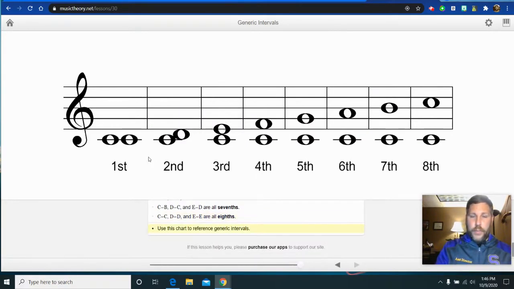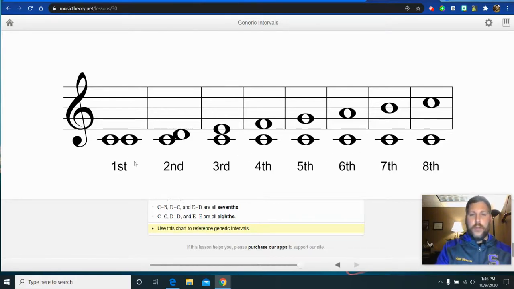Okay, here's a little chart. I would snap a picture of this or write it out on a piece of paper because it's going to come in real handy. So this is just your generic chart for intervals going anywhere from first, or remember we called it a prime, all the way up to an eighth, or sometimes we'll refer to it as an octave. Okay, so you got your first, second, third, fourth, fifth, sixth, seventh, and eighth.